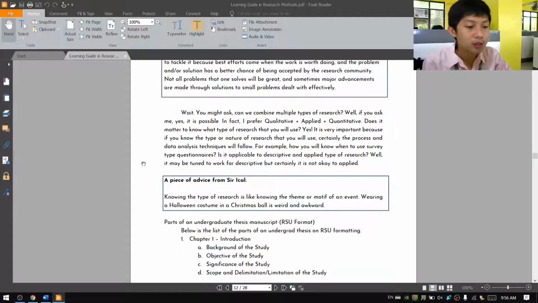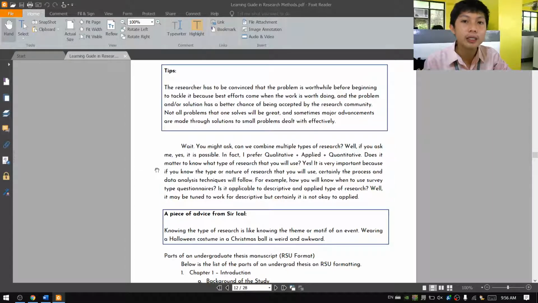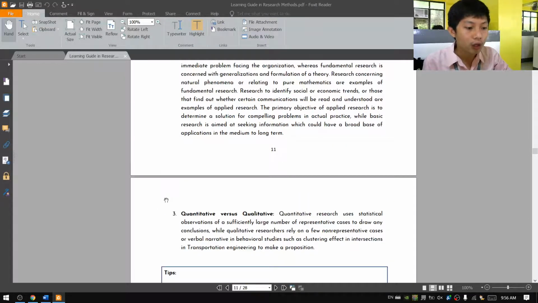What this means is that the elements, process, or way of doing the research depends on the type of research you're conducting. If you're going with quantitative research, you will only use statistical analysis tools that are for quantitative.